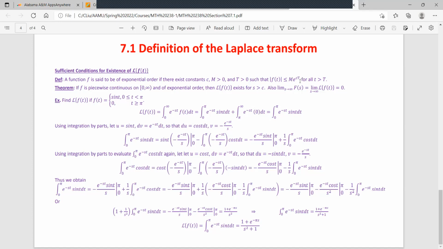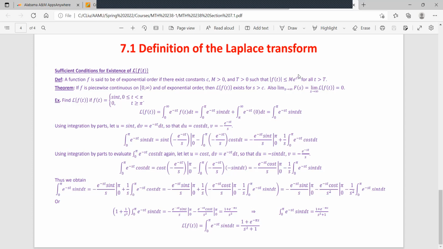M, c, and T are all constants. I think it's e to the small t instead of e to the capital T. I just made an error in here.